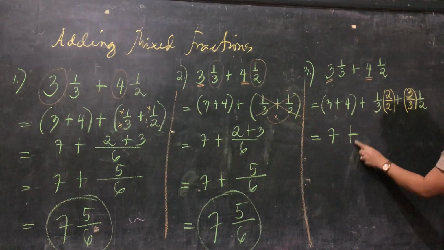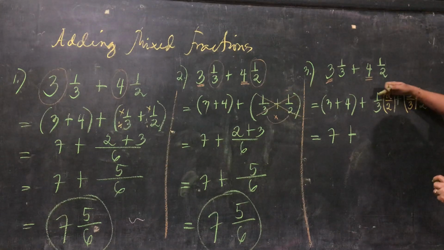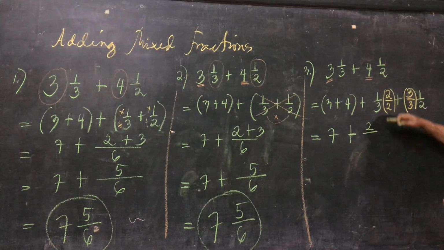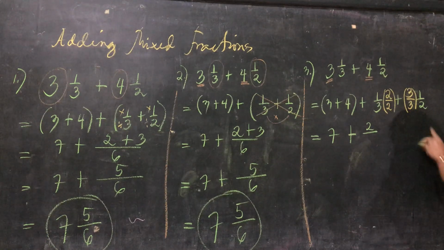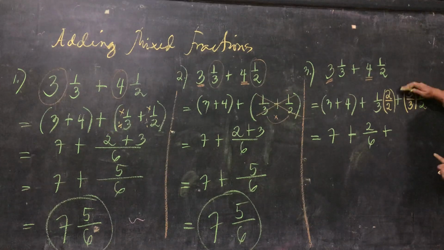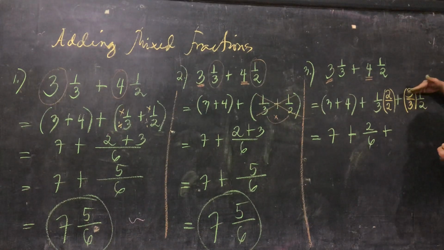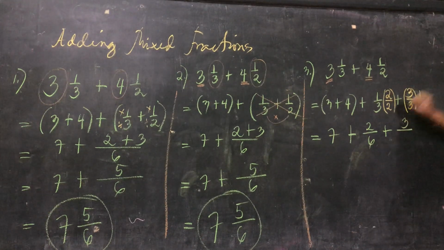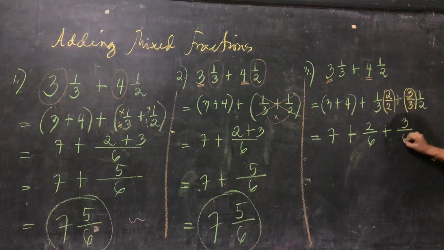Kopya lang. And then, sa taas, 1 times 2, you have 2. Over, baba times baba. 3 times 2, you have 6. Taas times taas, over baba times baba. 3 times 1, you have 3. 3 times 2, you have 6.